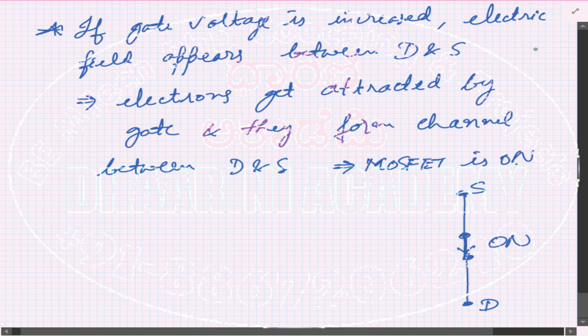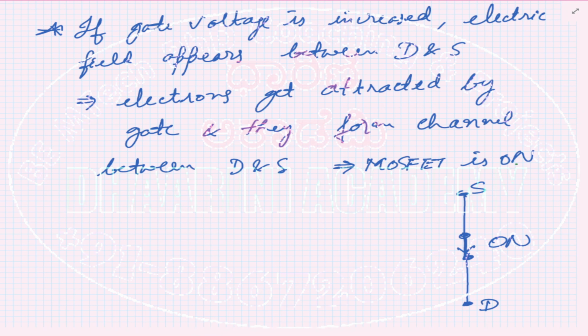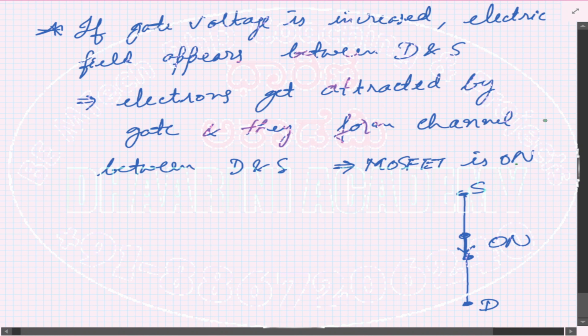When that happens, if you apply voltage to the drain, and connect the body of the MOSFET and the source to ground, there will be a flow of current.